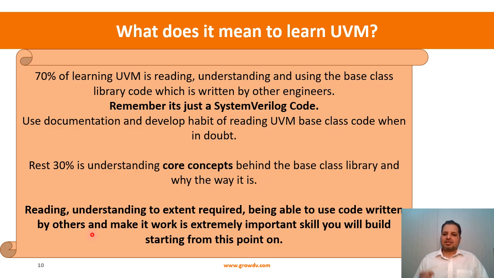And this is an extremely important skill. I can't emphasize how important it is. You should be reading more and more code written by others to understand how various patterns get used. This is the main skill that you need to start building from now on. This is the main industry skill, that you look at other people's code and are able to understand it.